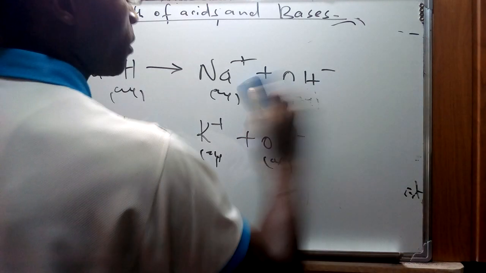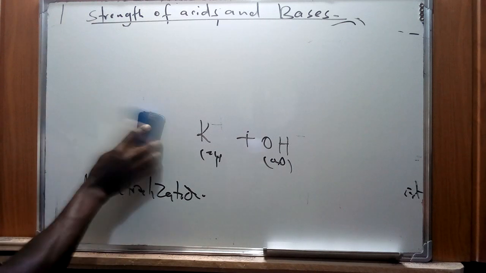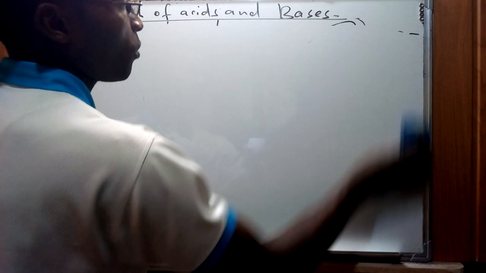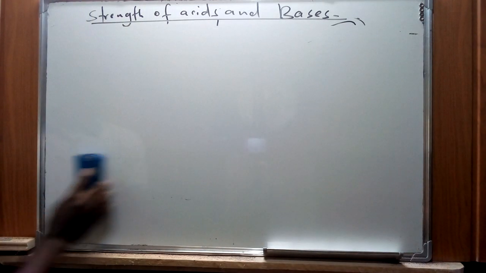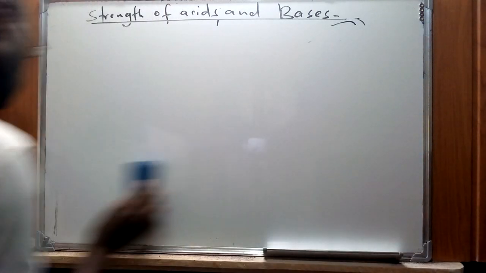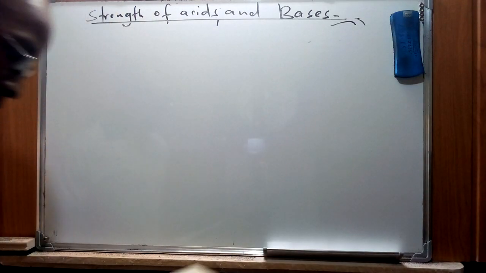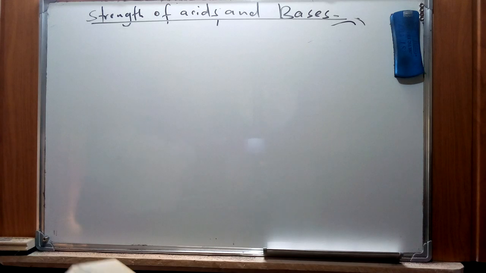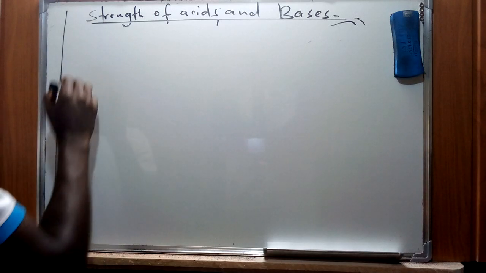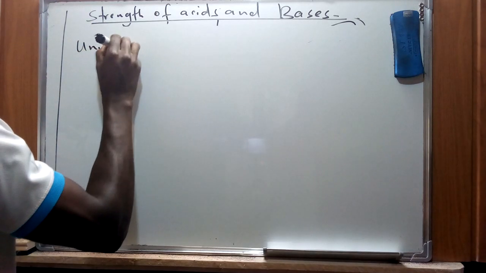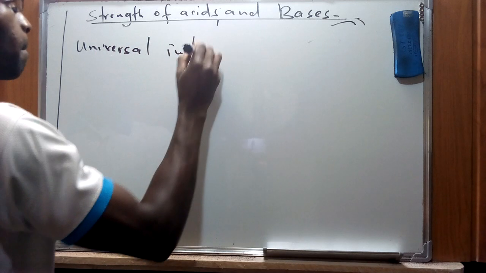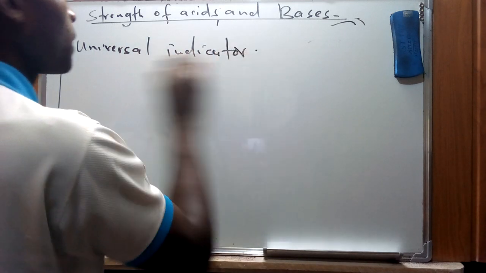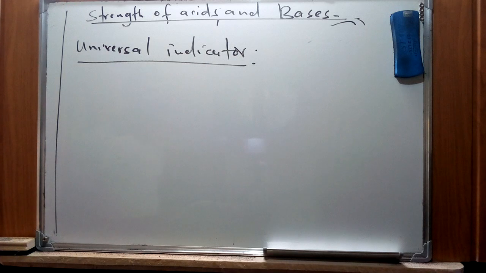We have different categories of indicators that measure the degree of dissociation, hydrogen ions for acids and hydroxide ions for bases. Now, we have what we call a universal indicator that we can use to measure the strength of acids and bases, which shows a series of color changes in acidic and alkaline solutions, as I've mentioned.